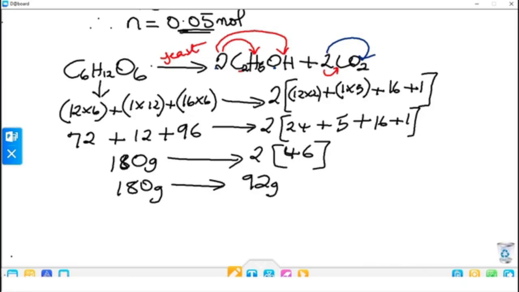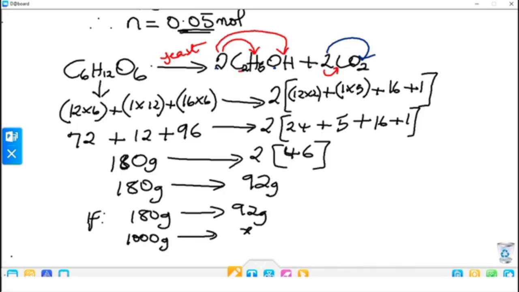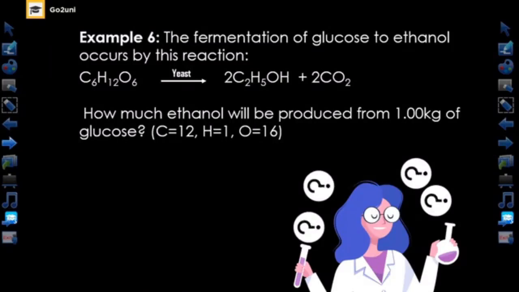So what we simply have to do is, from the equation, if 180 grams of glucose produces 92 grams of ethanol, then 1000 grams of glucose will produce X. Because the question says, how much ethanol will be produced from 1 kg of glucose?